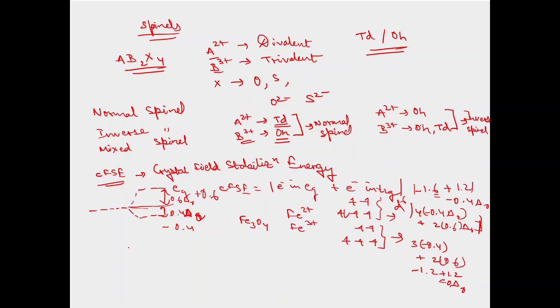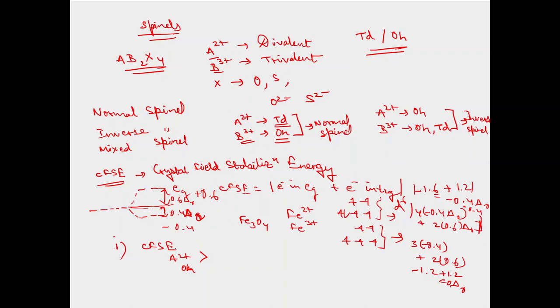The condition we have to remember is that if the CFSE value of A2 plus octahedral is greater, that is more stabilizing. Here it was 0.4, right? Mod of this means 0.4.